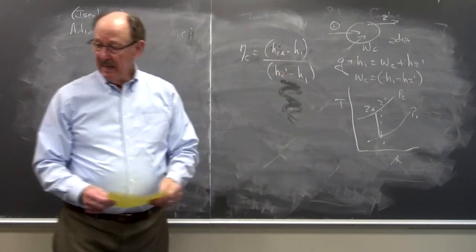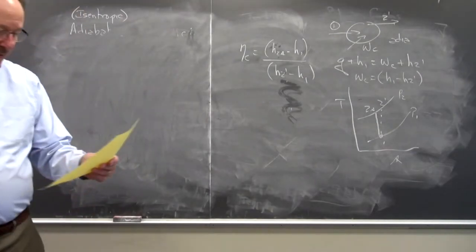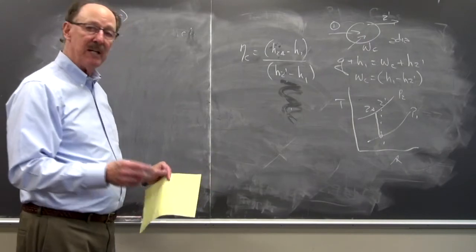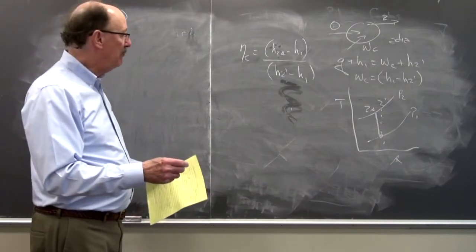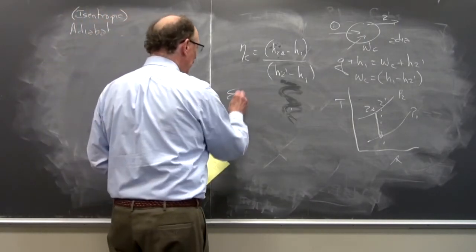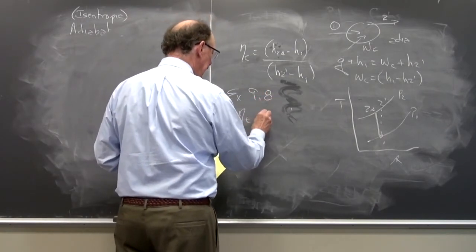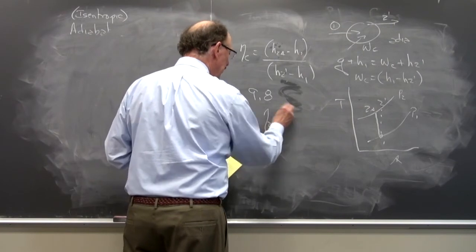Now I'd like to look at an example problem, 9.8, that looks at a turbine. I'm going to do a different problem for a compressor. Example 9.8 does eta sub t and eta sub 2 for a turbine.